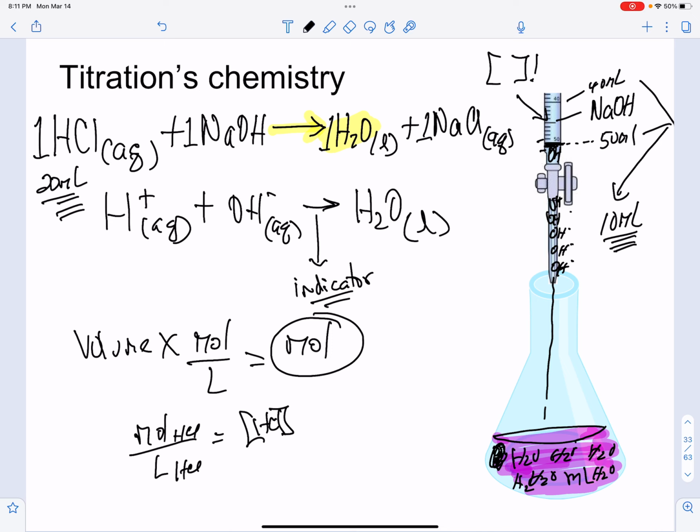So notice that the color change happens because you consumed all of the acid. Since this is a 1-to-1 equation, the moles of the base that you used are going to be equal to the moles of the acid. That's what we call the equivalence point.